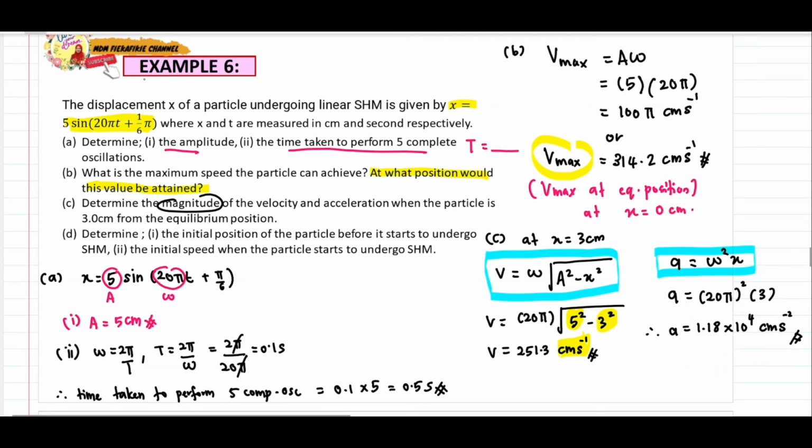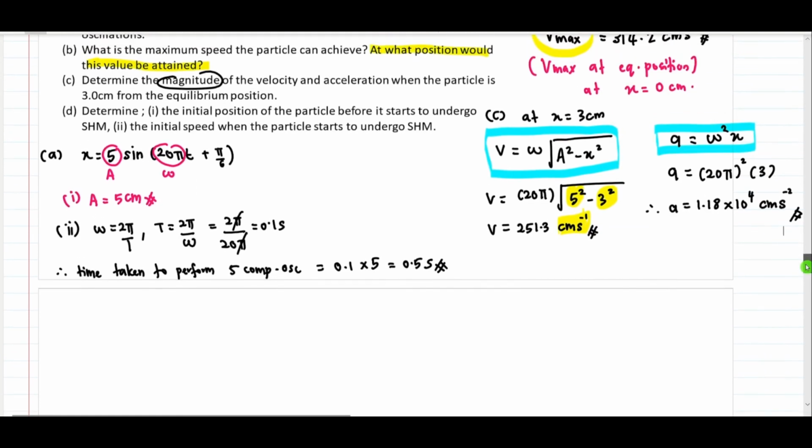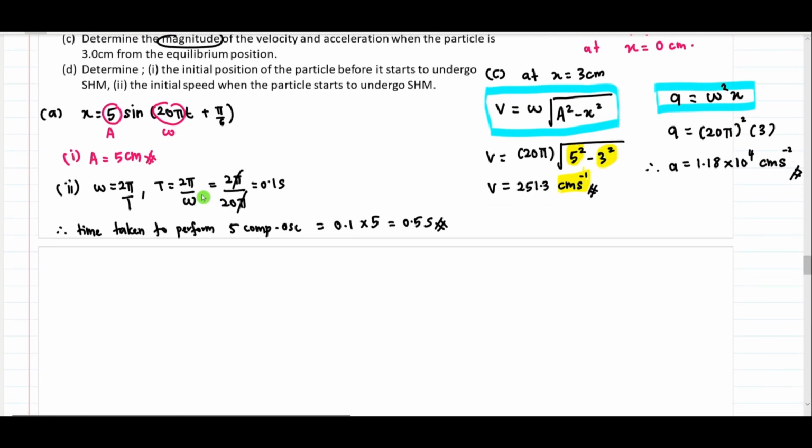Okay? Alright. So now let's proceed to the last part, which is question 6D. Determine the initial position of the particle before it starts to undergo simple harmonic motion. If we observe, the equation given in this question has a phase angle.